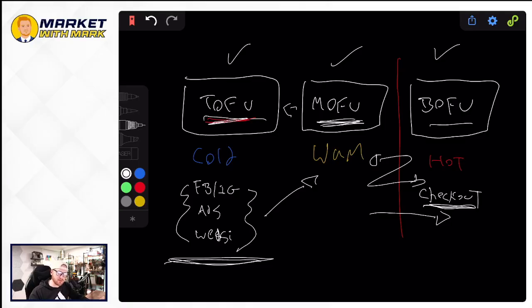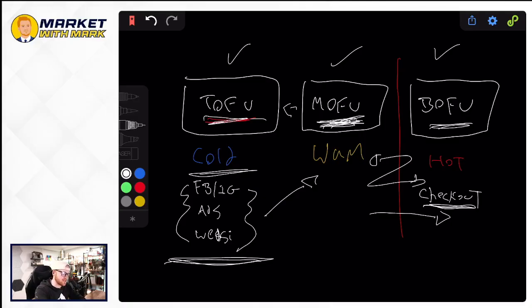And what do you know? Those are our most profitable ads, right? So don't get confused. You can totally make sales on your tofu, which we do because it's a low-ticket subscription product. Your mofu, and once you get into it, your bofu, these are going to be where the bulk of your sales come from.